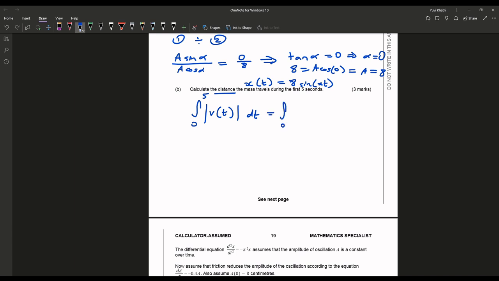Now our velocity function is 8π cosine(π t), with respect to time. Now we just put this into our ClassPad using CAS. If this is the distance traveled, we get the distance traveled as 80 centimeters. And that is our answer.